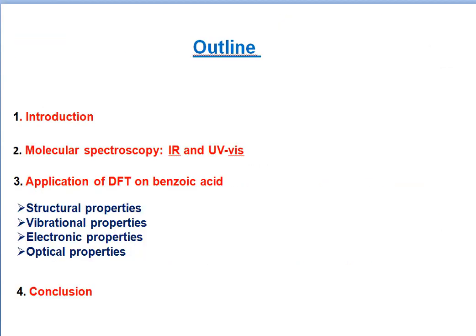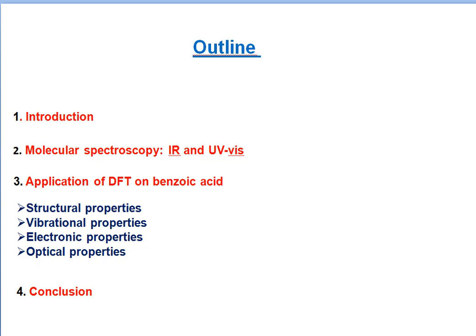The outline of my presentation is divided into 4 parts. First, I will start with a brief introduction in order to define the objective of my study. Then, I will present some important notions of molecular spectroscopy, especially infrared and UV-visible spectroscopy.